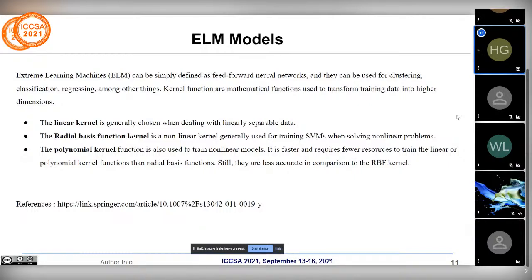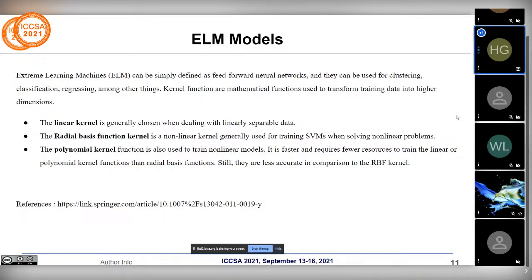Sure, sir. Kernel functions are just mathematical functions for transforming data into higher dimensions. Now, we have performed our experiments on 3 types of ELM kernels. The linear kernel is generally chosen when we are dealing with data which have linear dependency with the output class. The radial basis function is a non-linear kernel, generally used for training SVMs and solving non-linear problems. By linear problem, I mean that the input features and the output features should have some sort of linear relation with one another.